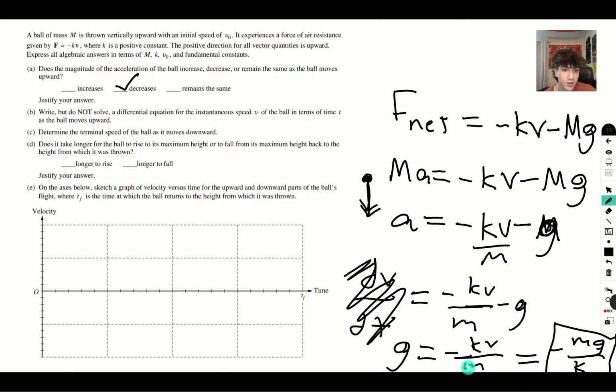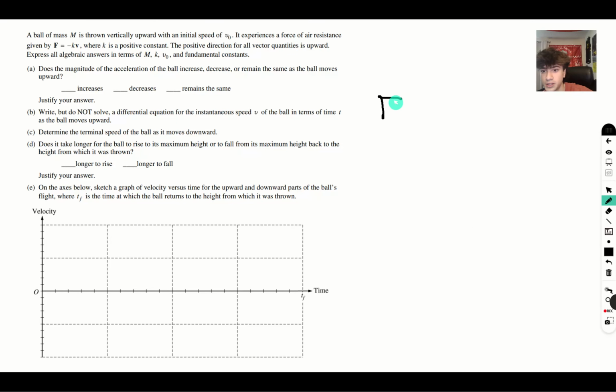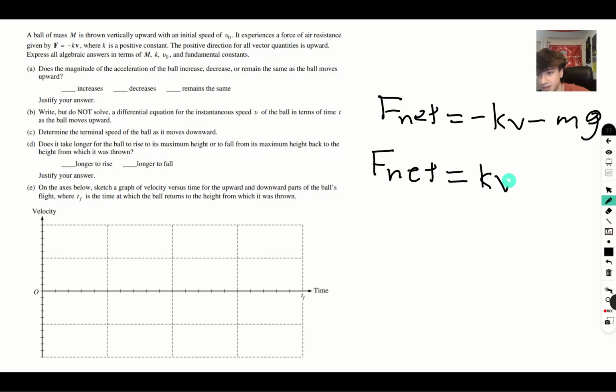D says, does it take longer for the ball to rise to its maximum height or fall from its maximum height back to the height from which it was thrown? Alright guys, so let's take a look at the forces. When the ball is going up, the F net is negative kV minus mg. But when the ball is going down, it's going to be positive kV minus mg, because as the ball is going down, air resistance always moves in the opposite direction of the object.